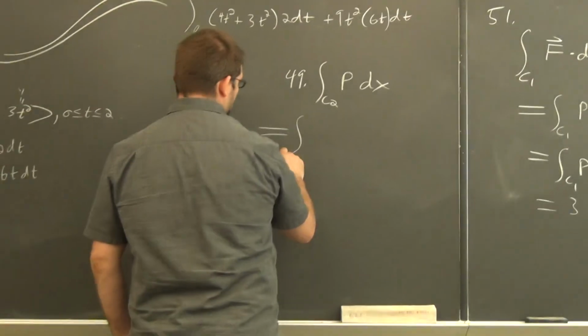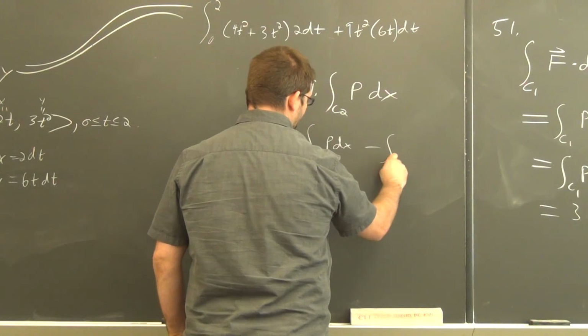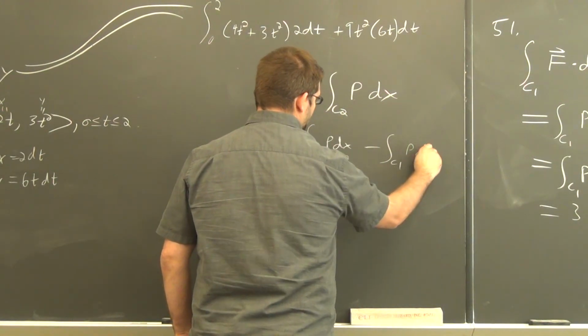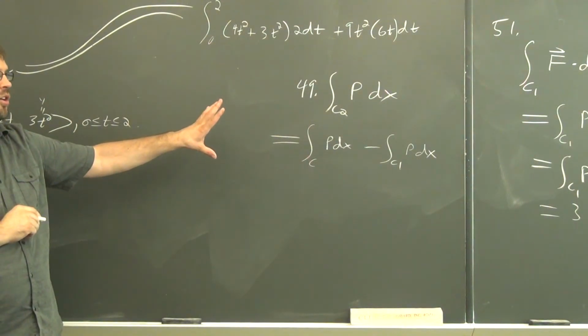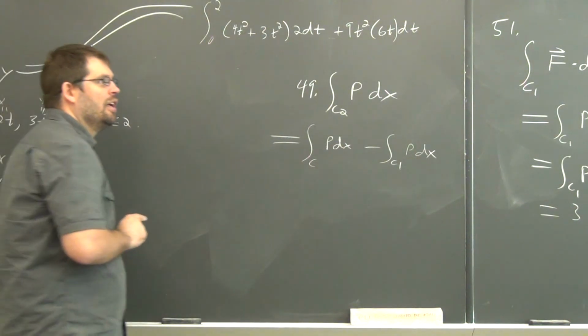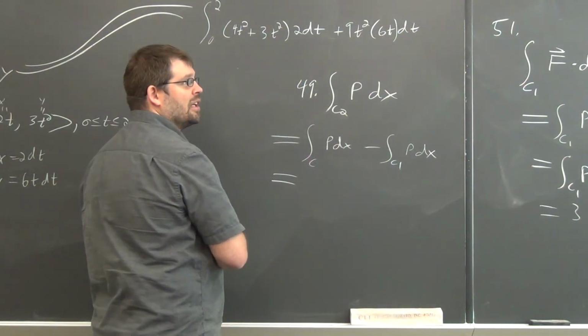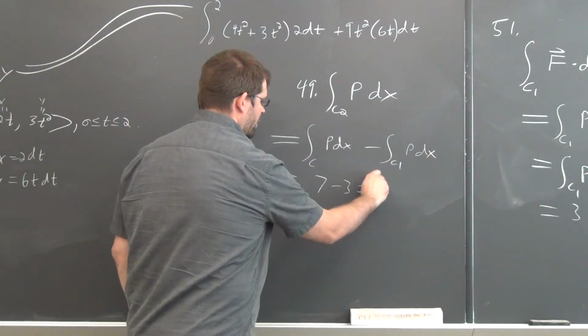C minus C1, right? Does that make sense? You take the integral over the whole thing, and if you take off the part from C1, that'll leave you with what was there from C2. And so in this case, that's 7 minus 3.